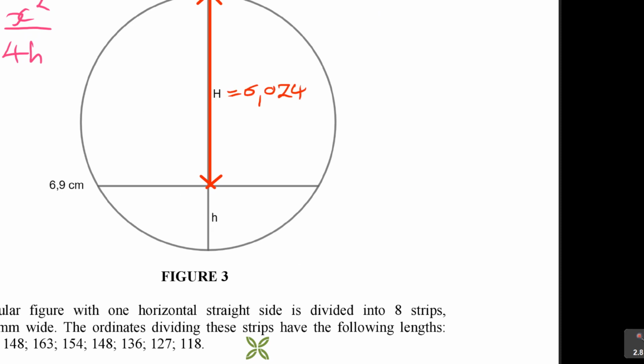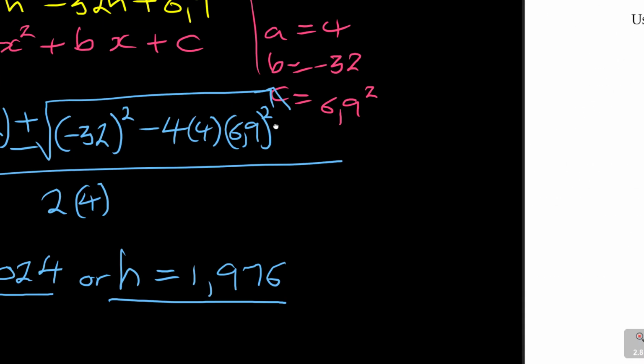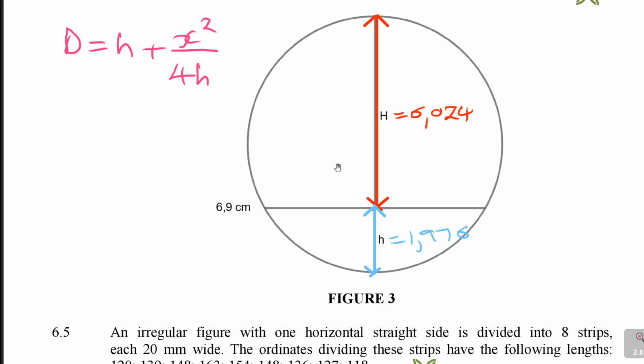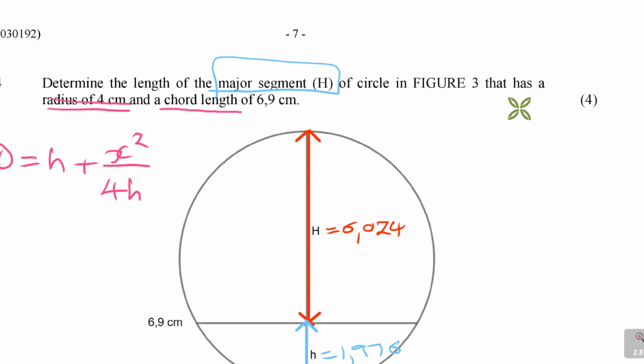Then the other one is the minor segment. The other value is still valid. If the question was find the value of the minor segment, you don't give us the big H, you give us the smaller value, which is 1,976. So now you're going to say therefore H is equal to, then you give us that answer. Don't leave it in the quadratic.